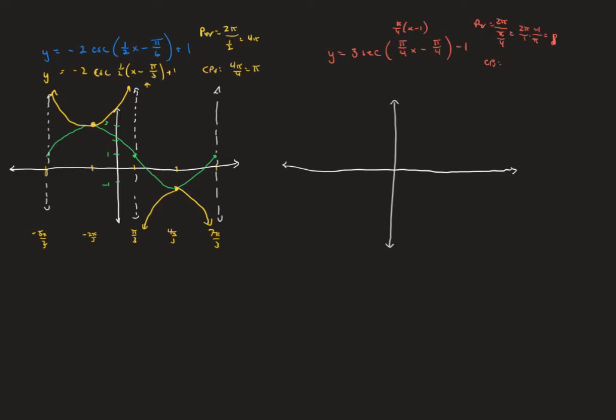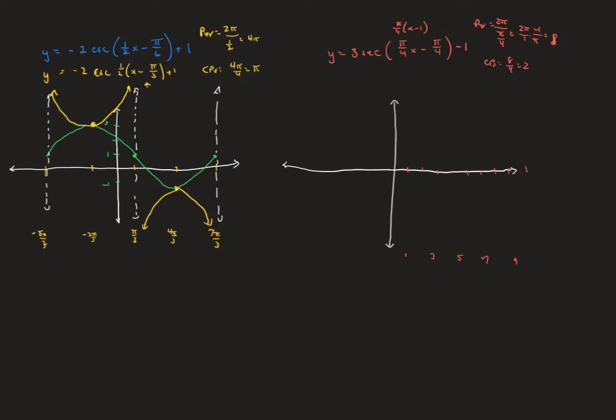Our tick marks are going to be every 2, and we're going to start at 1. So there's going to be 1. I'm going to label that down here, and then we're going to go 3, and then 5, 7, I'm going to go to 9 there.